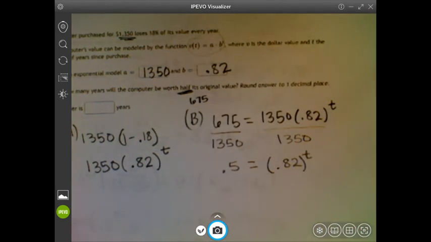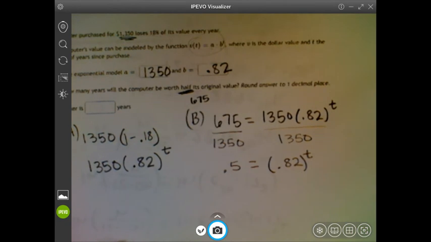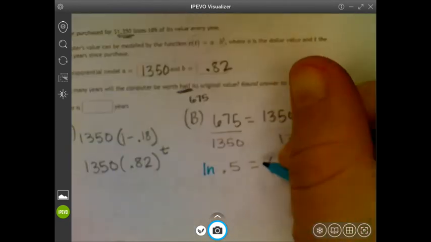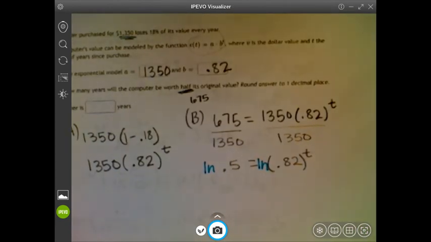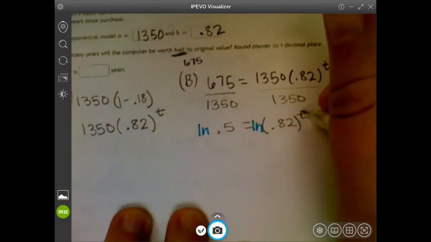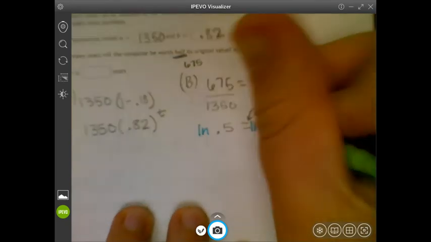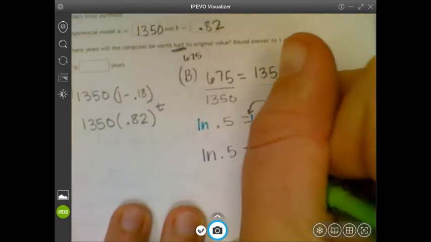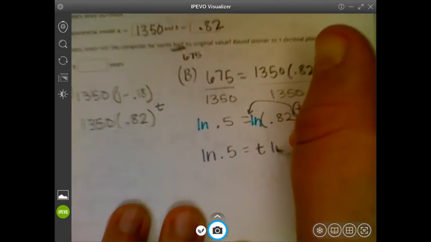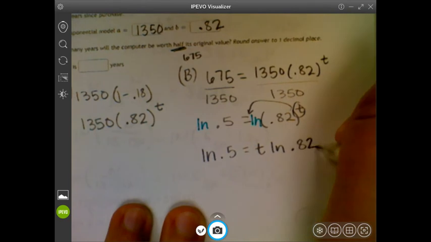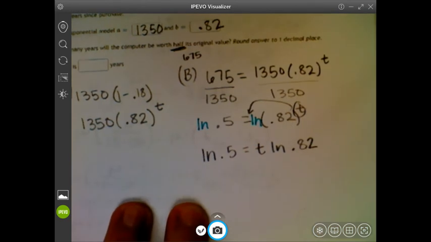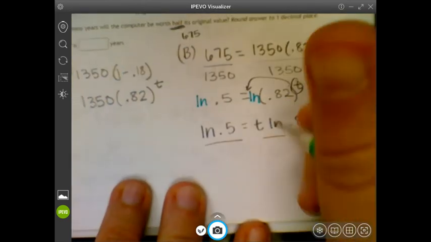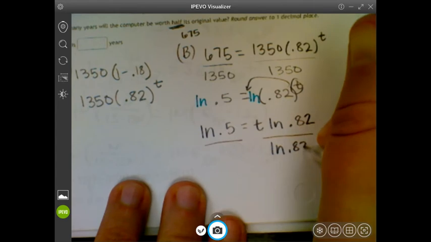All right, from here you have something raised to a power. And so the strategy here is you can take the natural log of both sides of this. And then what's going to happen is that t will come out of the power and drop to the front. So you have the ln of 0.5 equals t times the ln of 0.82. And then last but not least, you can solve for t by dividing by the ln of 0.82.